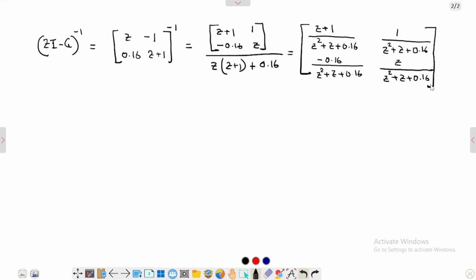Now we have to find the F(z) matrix, that is C(zI - G)^-1 H, and that is nothing else.